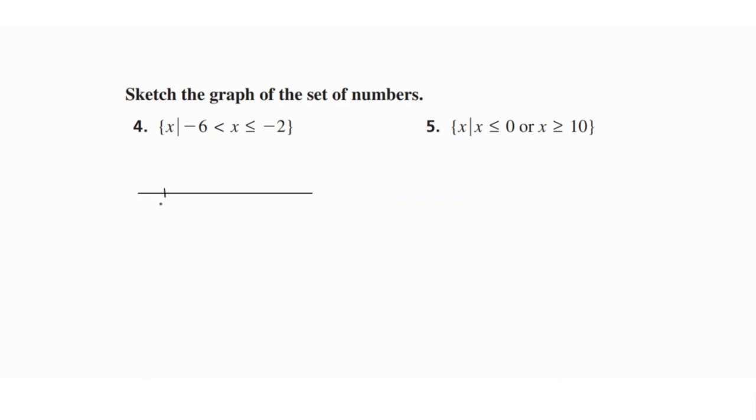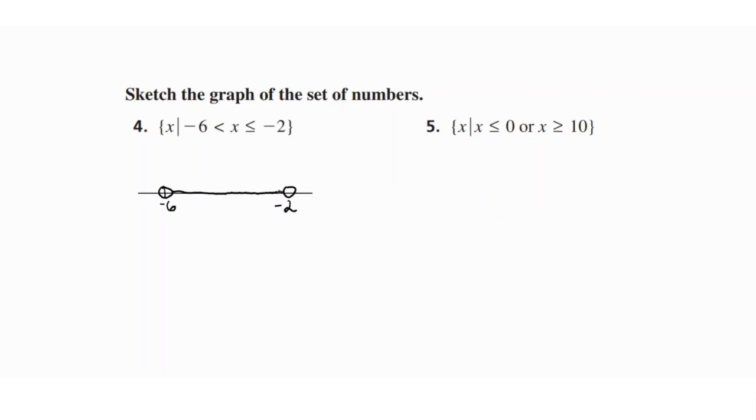If I put negative 6 on my number line, since we're saying greater than, I'm not going to include negative 6, so I'm going to have an open circle. And we say x is less than or equal to negative 2. So at negative 2, I'm going to have a closed circle because we're including the point, and then we would graph all the values between.